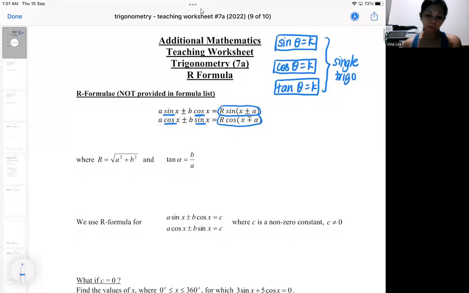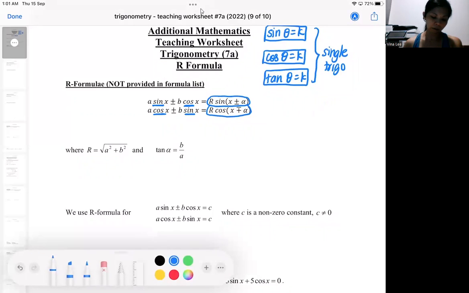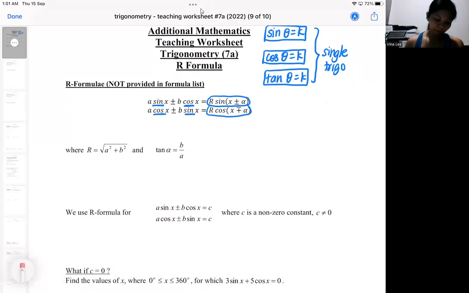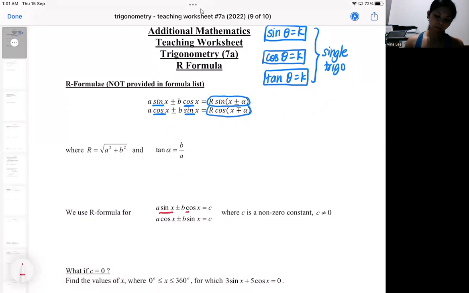To be very specific, we will use the R formula in the situation where you have a sine plus or minus cosine equal to a number. Or you will use the R formula when you have a cosine plus sine equal to a number. Specifically, this number cannot be 0.